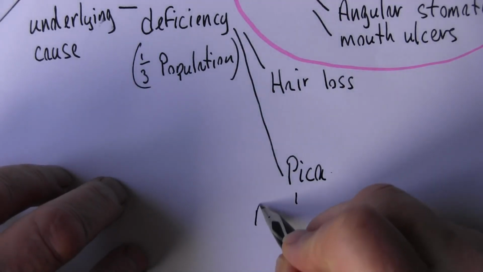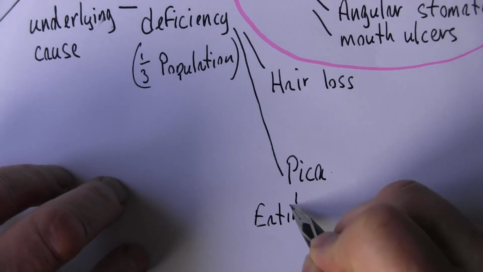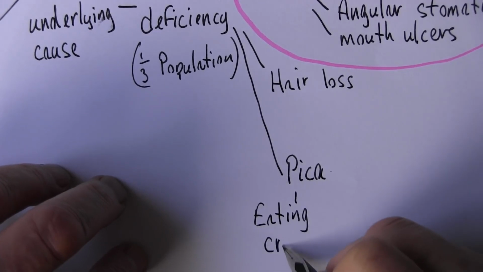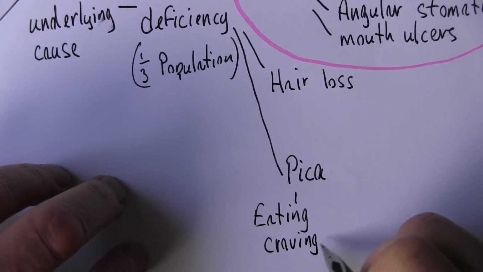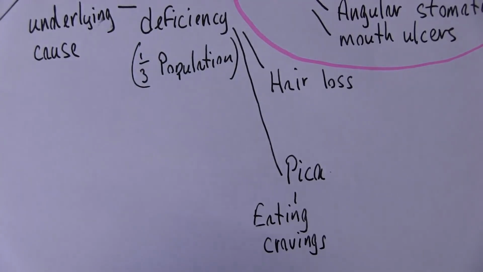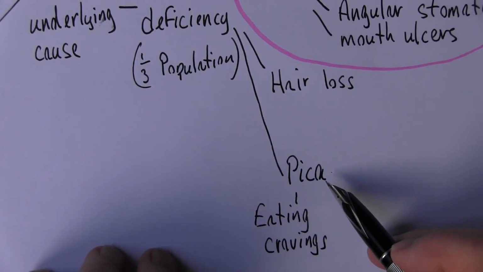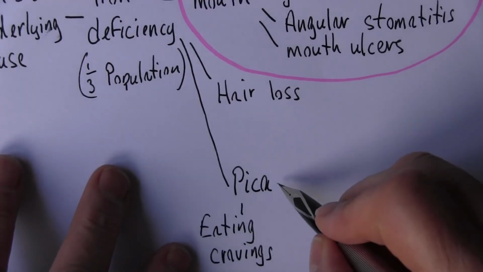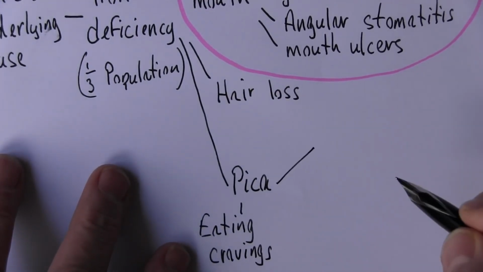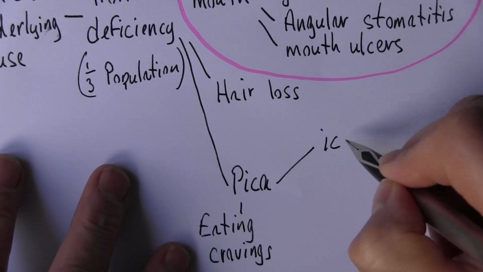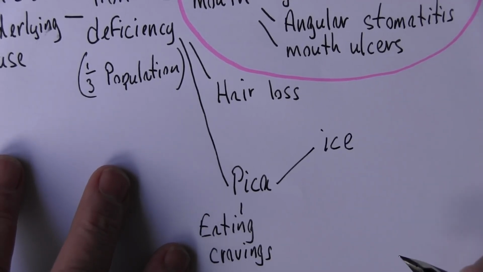So it's an eating craving. You have cravings for foods. But in iron deficiency, the pica is not really related to food. It's strange. So people have a craving for ice. They'll suck ice and they'll eat ice and take ice drinks.